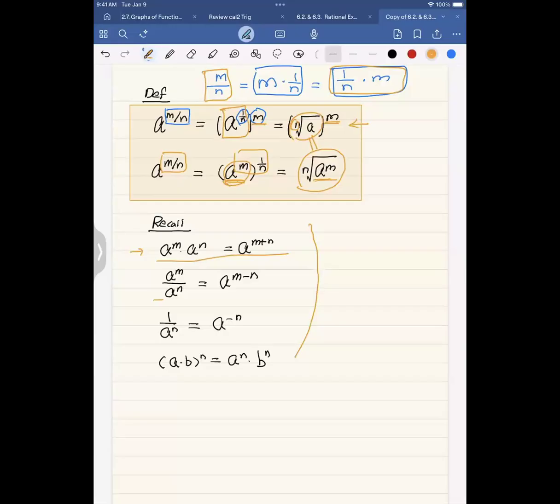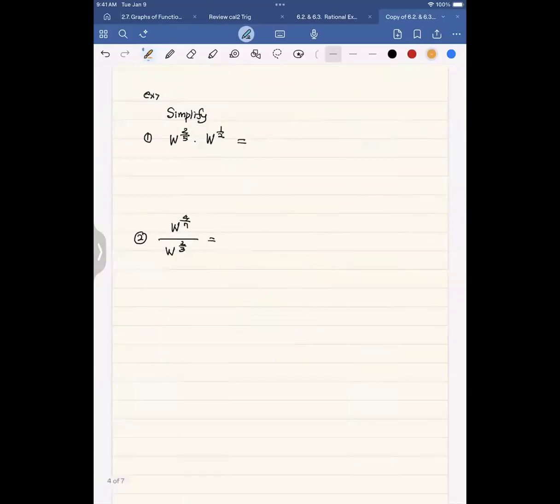A to the m over a to the n power is a to the m minus n. A to the negative n power is 1 over a to the n power, and this power is distributed. So ab to the n power is a to the n power times b to the n power.